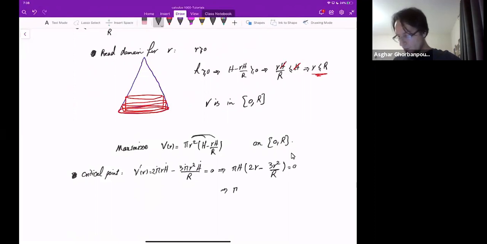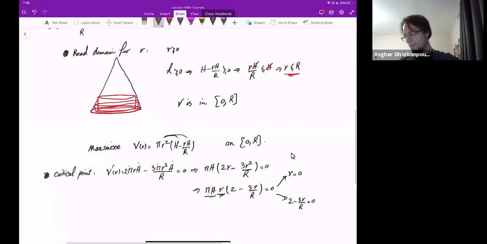Let me do one more factorization. I can factor out actually r. So this will be r times (2 minus 3r over R). So this being 0 means that r is equal to 0. h cannot be 0, I already fixed the height. Either that one is 0 or 2 minus 3r over R must be equal to 0.